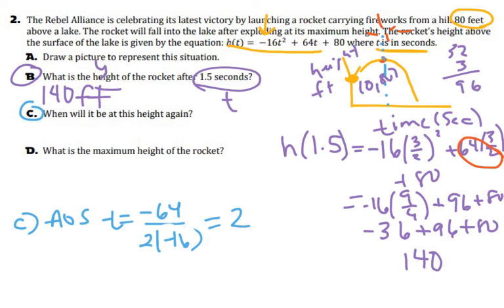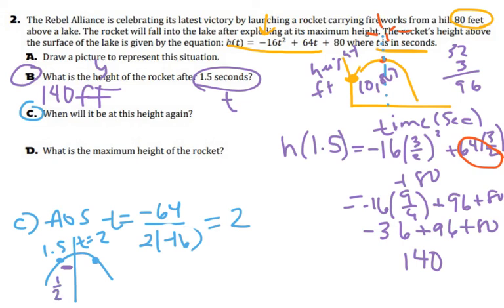So thinking about this, we know that at 1.5, it's at the height we're talking about. We want to know when it's at that height again. So how far away is 1.5 from that axis of symmetry?